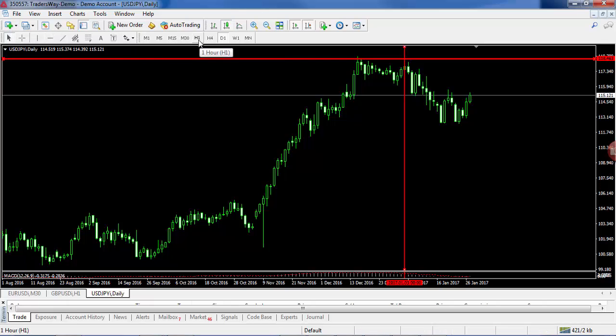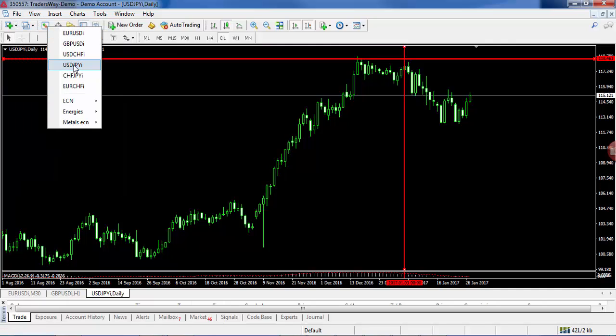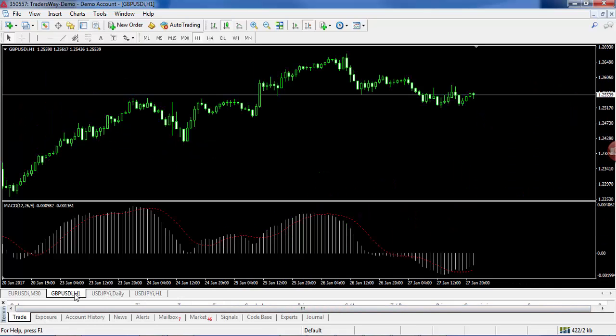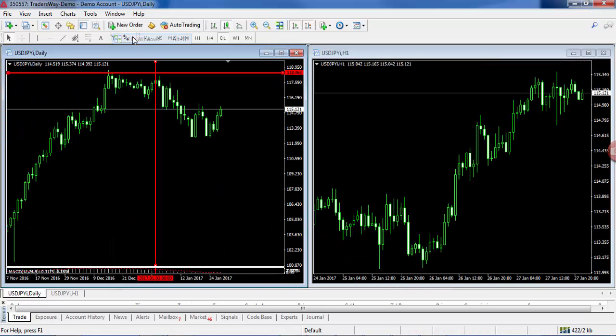So we want to see what was happening on smaller time frames at that point. So let's move down to the smaller time frame. As a matter of fact, let me open another US chart. I'm going to delete this chart temporarily, and then I'm going to put both charts side by side. So we have 2017 01 03, 0 hours. So let's look for that over here.